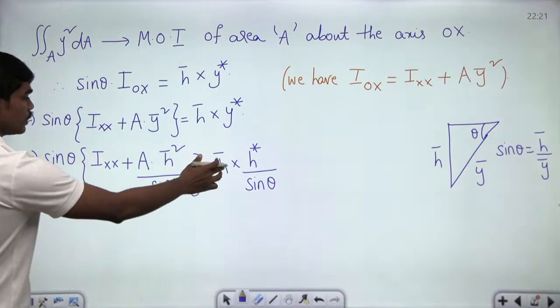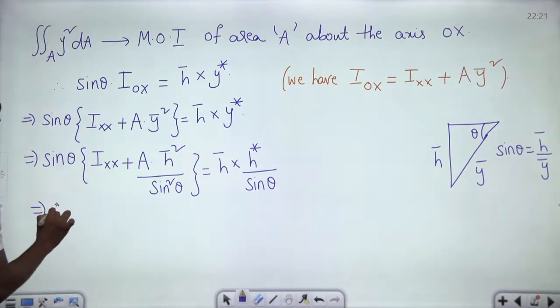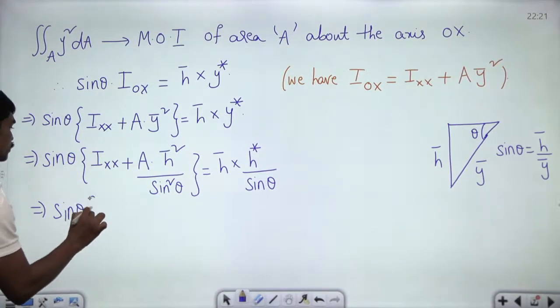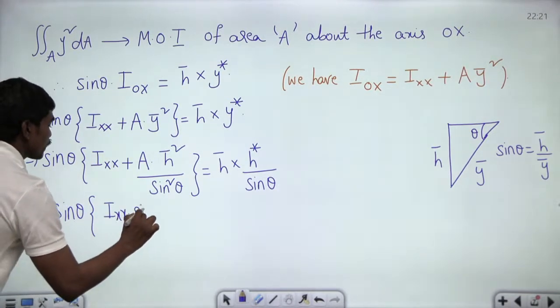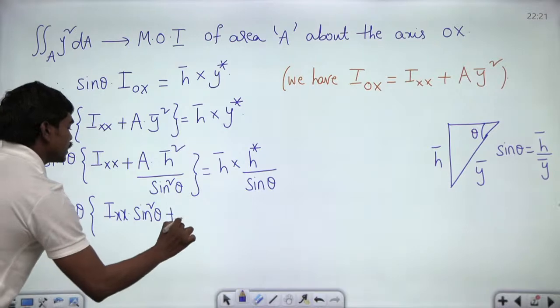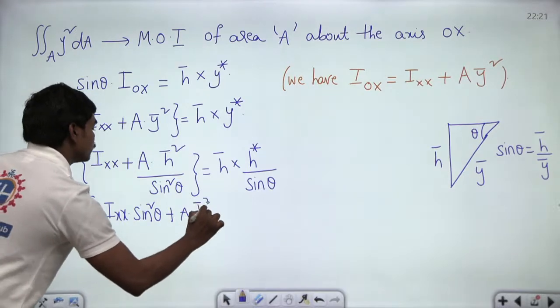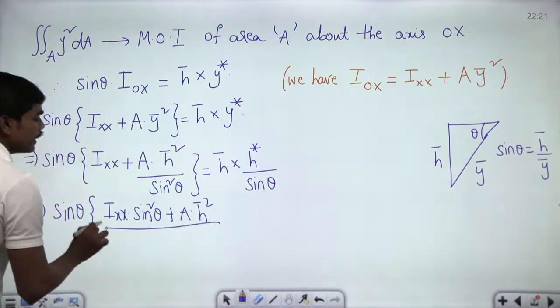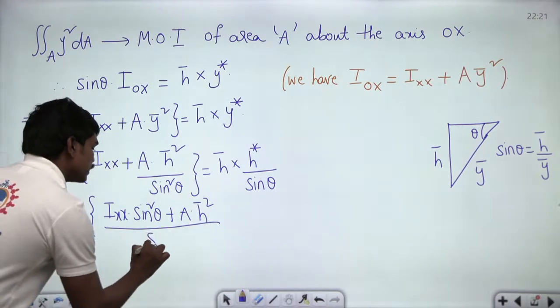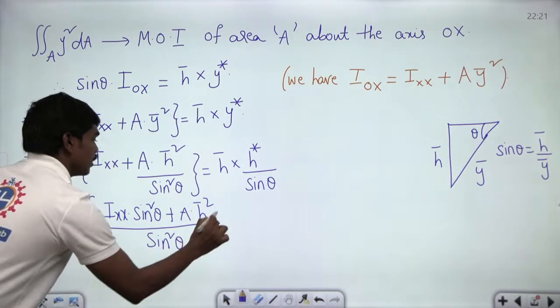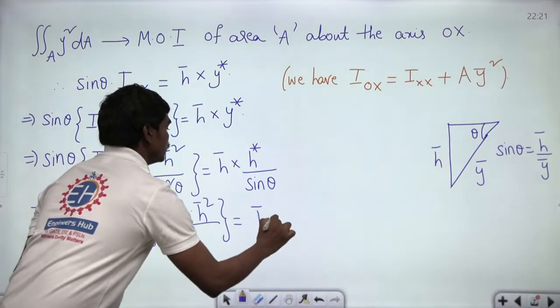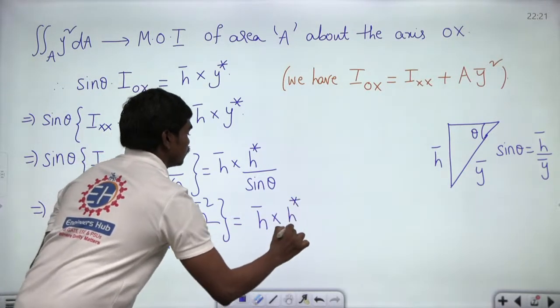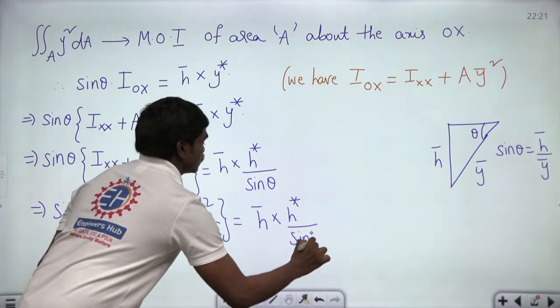So now if you take LCM a bit, sin theta into Ixx sin square theta plus A h bar square divided by sin square theta is equal to h bar into h star upon sin theta.